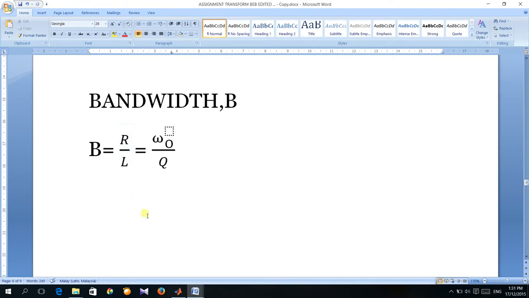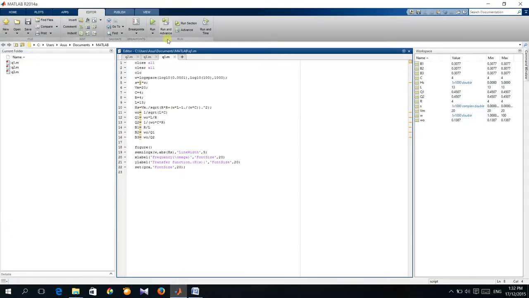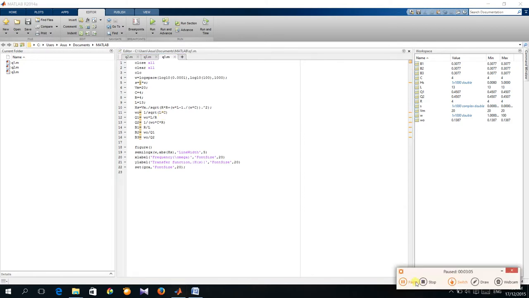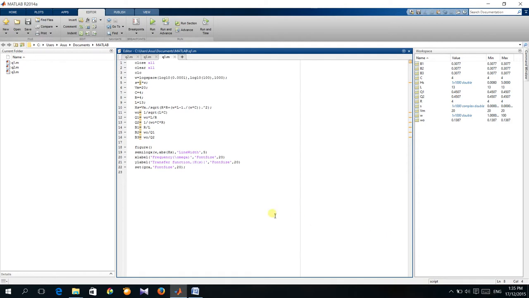Okay, now I will show about the MATLAB that our group has done. This is what we call the coding.